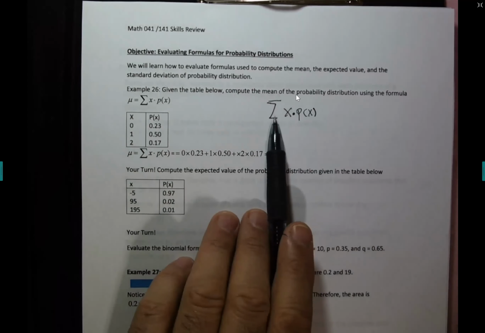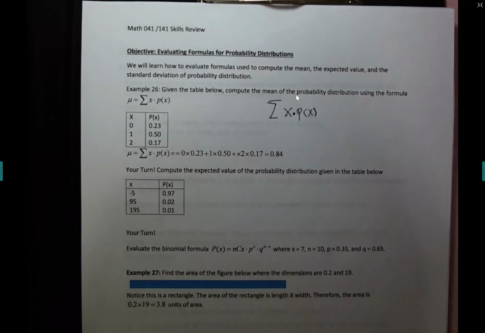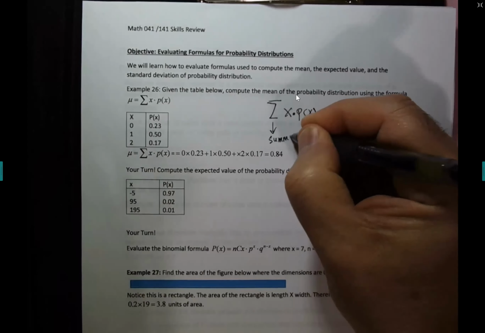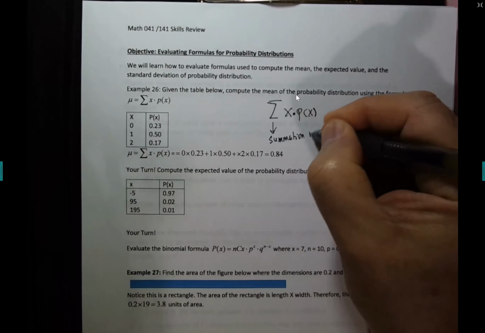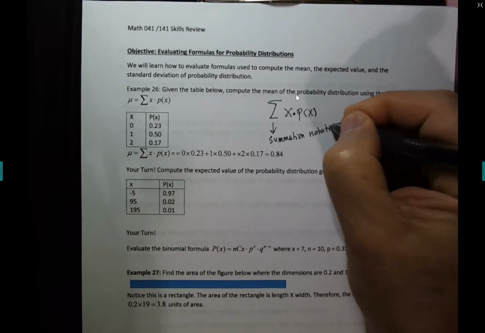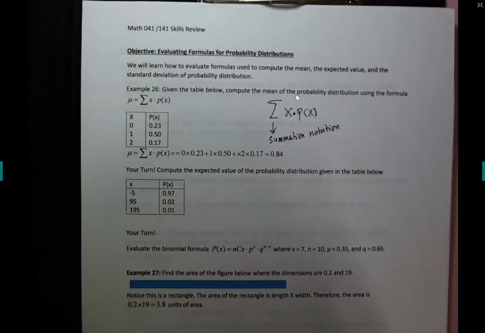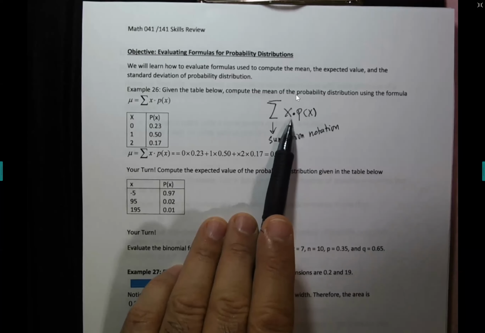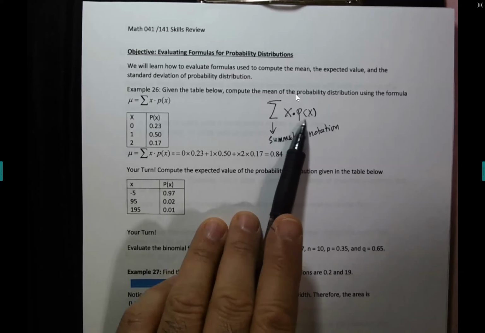This notation, guys, is called summation notation. It's an order to add. So we need to add: summation, sum, total. This here is a multiplication operation. And this is a variable called x, and this is a probability called P of x.